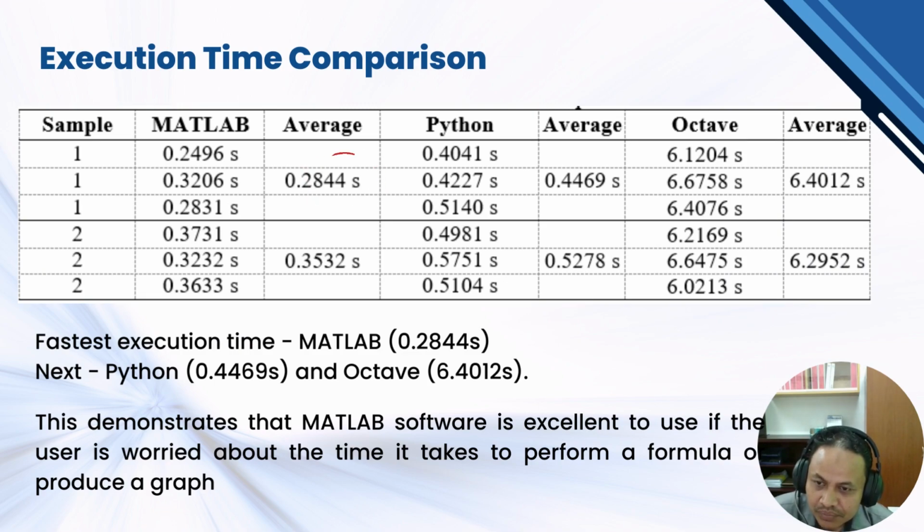From the two samples, we take 3 results from each sample and we average the output. From this result, we can see the fastest execution time is MATLAB at about 0.2, next Python at 0.44, and lastly Octave at about 6 seconds.